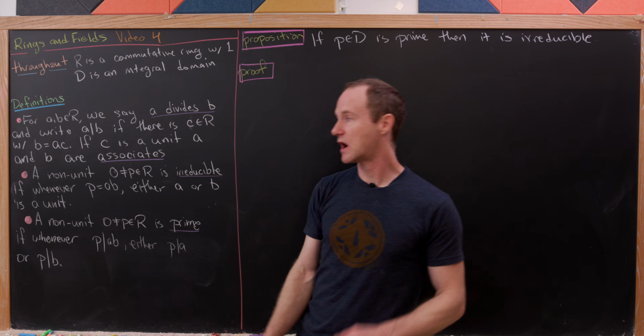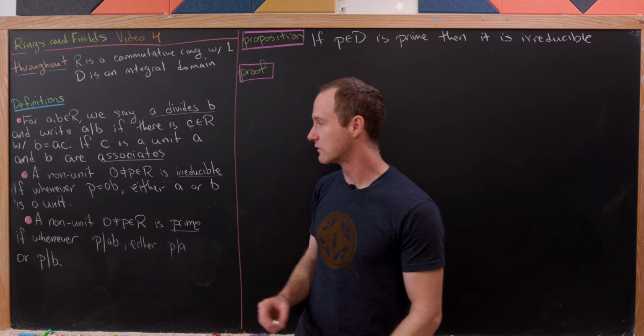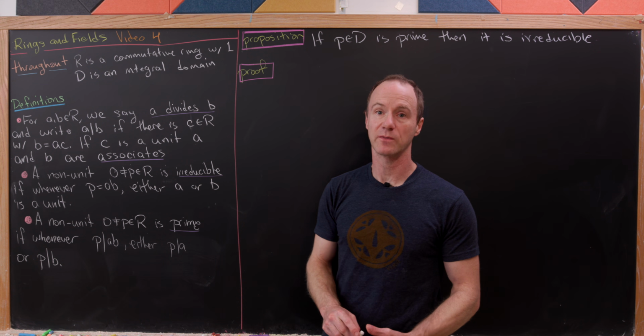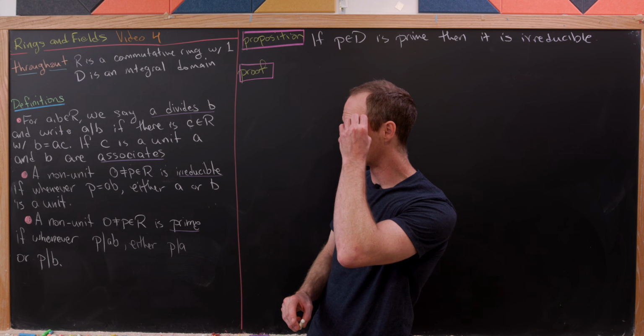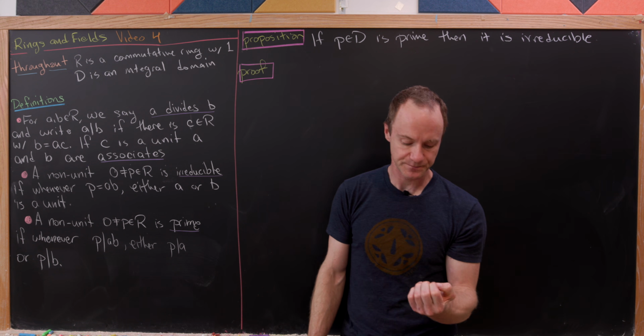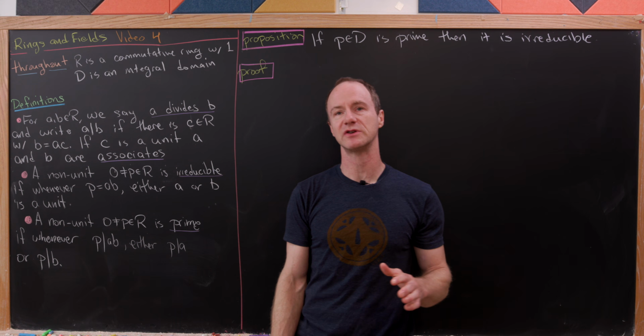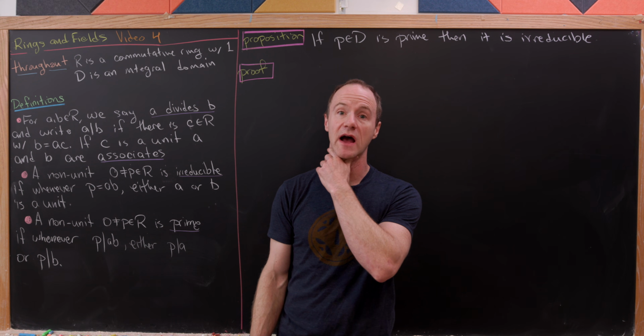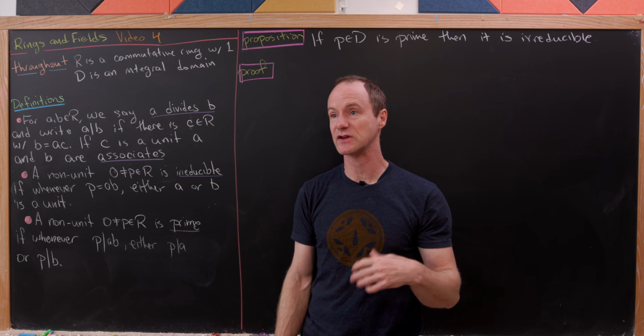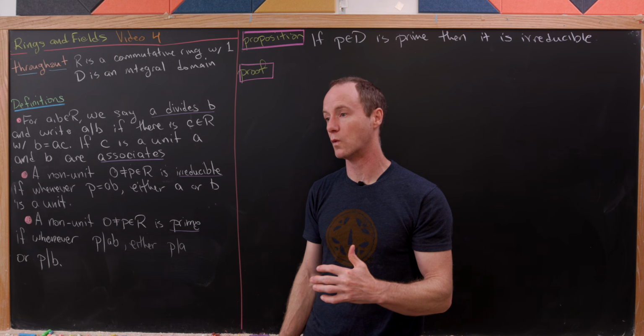Now, a non-zero non-unit p is called irreducible if whenever p is equal to a times b, either a or b is a unit. You might remember from elementary school that a prime number is something that's only divisible by itself and 1.